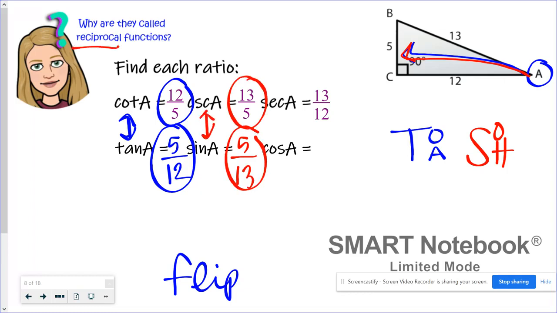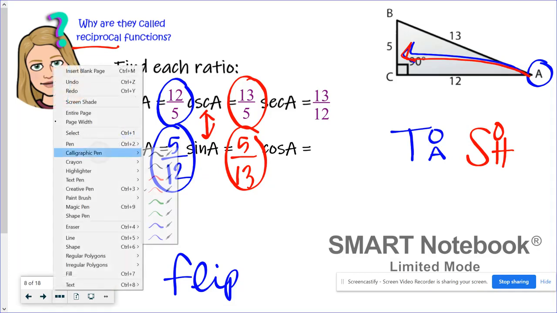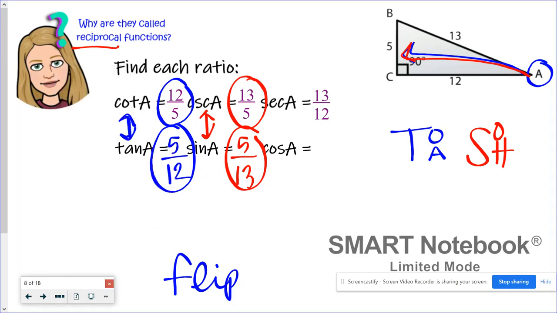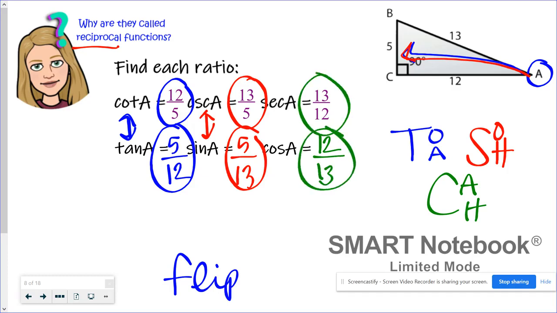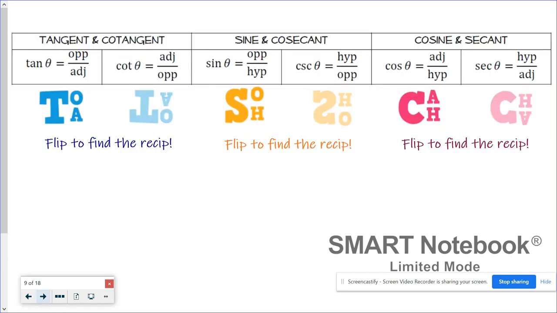You flip to find the recip. And so, of course, that must mean secant and cosine are reciprocals. Cosine is the adjacent over the hypotenuse. So that's going to be 12 over 13. So they are. So cotangent, cosecant, and secant are called the reciprocal functions because they're reciprocals of our big three.